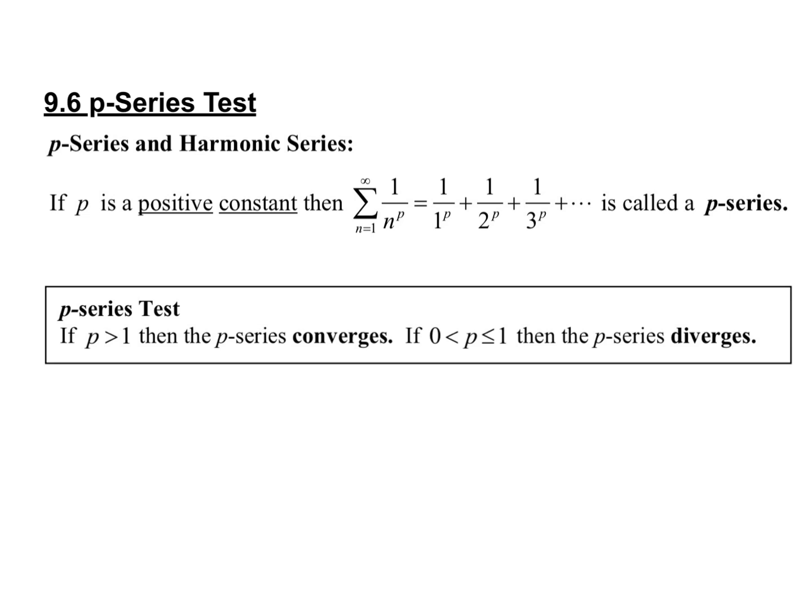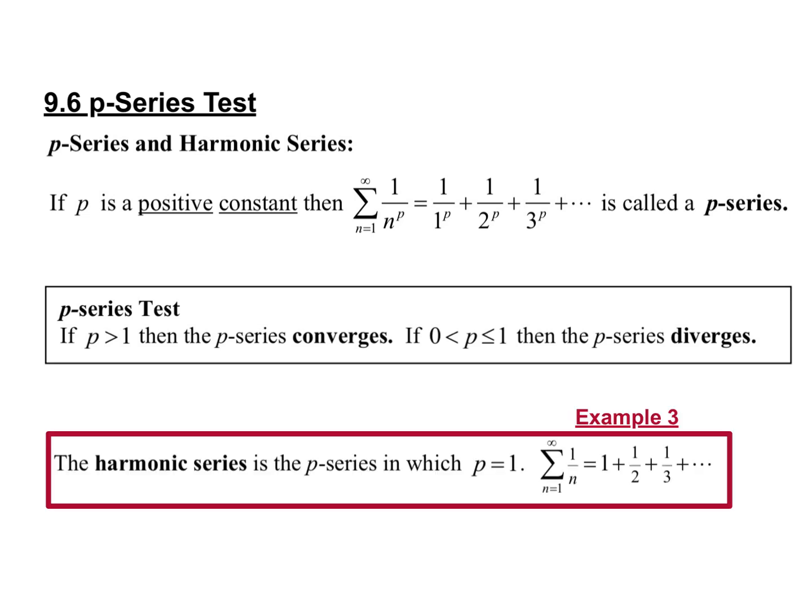Now, the harmonic series, we've actually already talked about. That was the example 3 that we just talked about. This is the harmonic series, the series from 1 to infinity of 1 over n, when p equals 1. They call this a harmonic series.